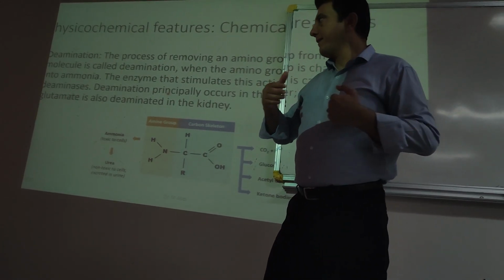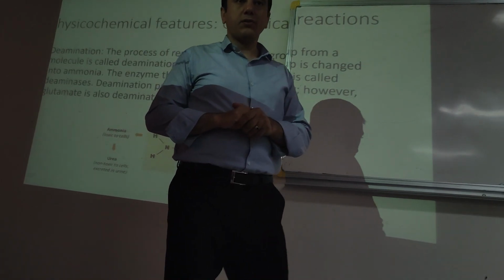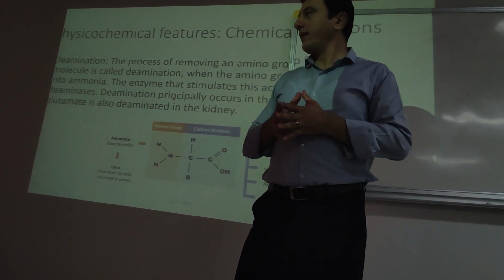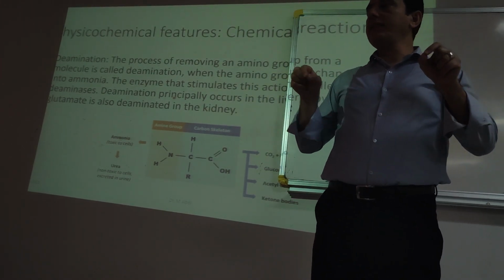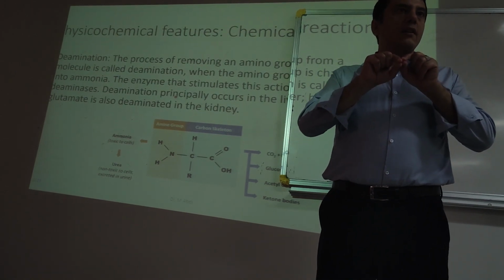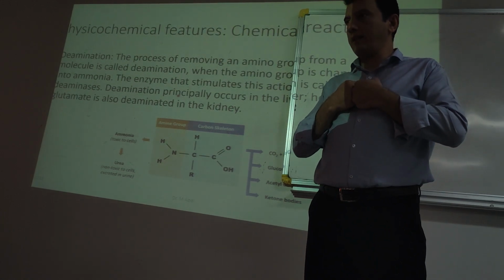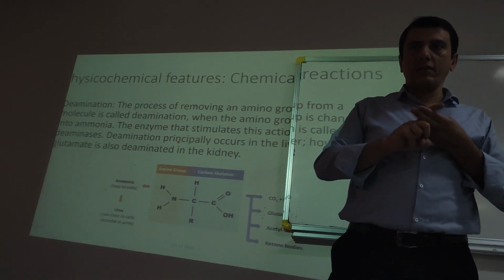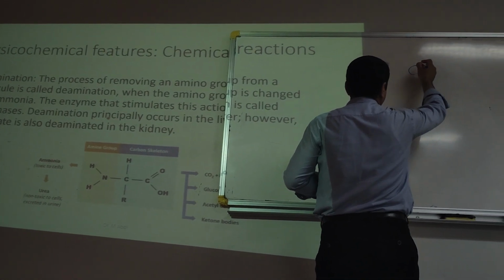We will learn about just two amino acids, glutamate and glutamine. These amino acids can be further deaminated in the kidney, just glutamine and glutamate.